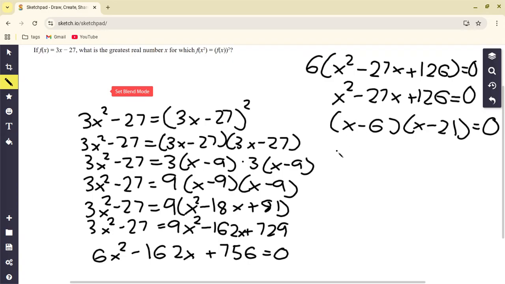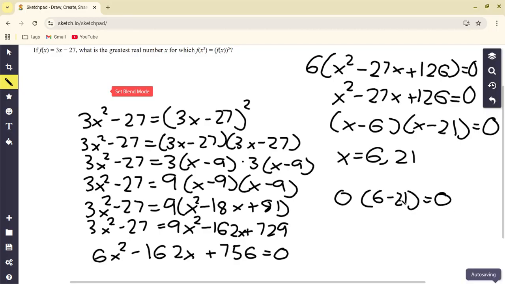You can see that either x is equal to 6 or x is equal to 21. Because if you make x equal to 6 in this top equation, it's 0, and then 6 minus 21 is negative 15, and 0 times anything is equal to 0. And the same thing happens when x is 21.